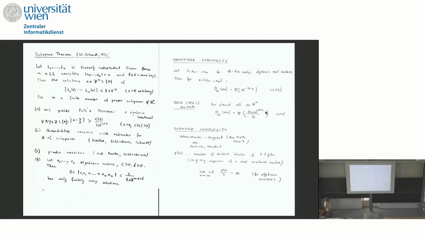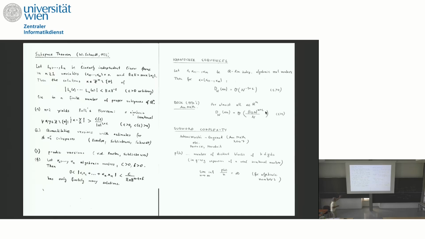This was done by Schlickewei, and it can be generalized very deeply to finitely generated groups, which is a very recent development by Evertse and others. Some years ago they published a very nice book on that, and it has a lot of consequences.